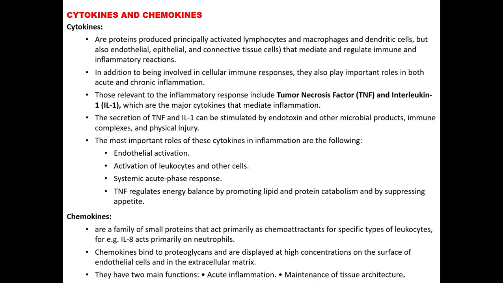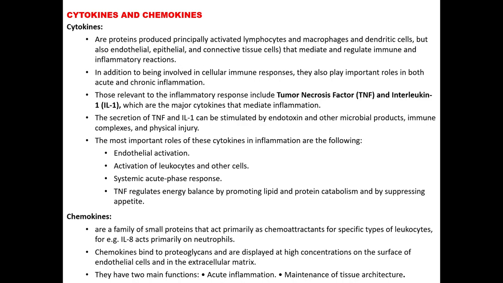The chemokines are a family of small proteins that act primarily as chemoattractants. This is illustrated in the picture I showed you at the beginning on the process of inflammation. For a specific type of leukocyte, for example, interleukin-8 acts on the neutrophil in acute inflammation.